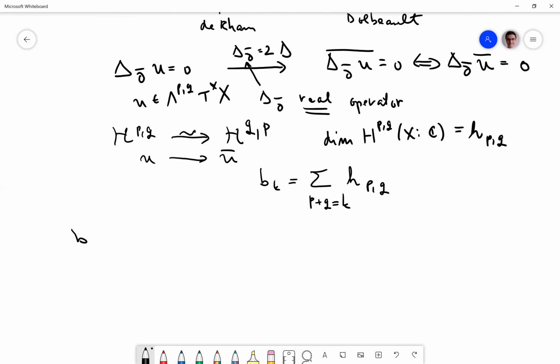In the case of K equals 1, you get that B1 is equal to h^10 plus h^01.